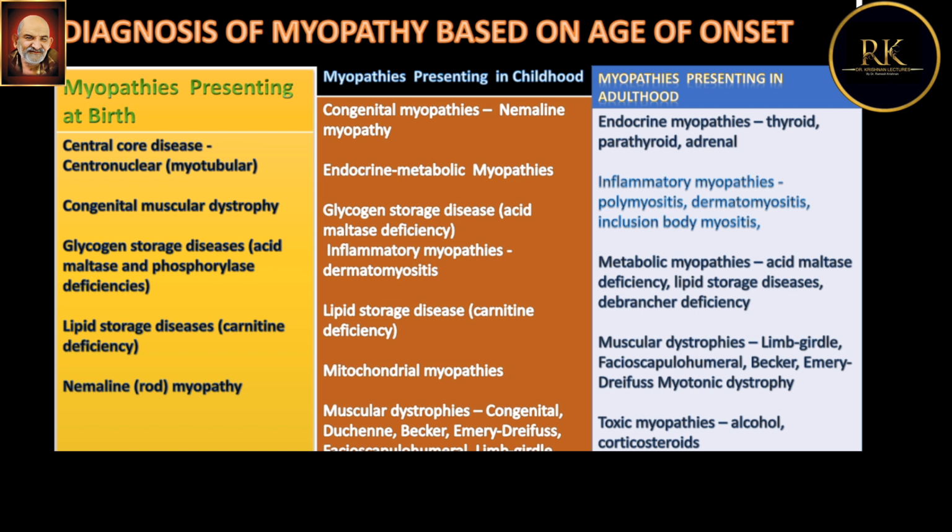Muscular dystrophies include limb girdle, fascioscapulohumeral, Becker's, Emery-Dreifuss, and myotonic dystrophy. The toxic myopathies are due to alcohol and corticosteroids. These myopathies are present in adulthood.